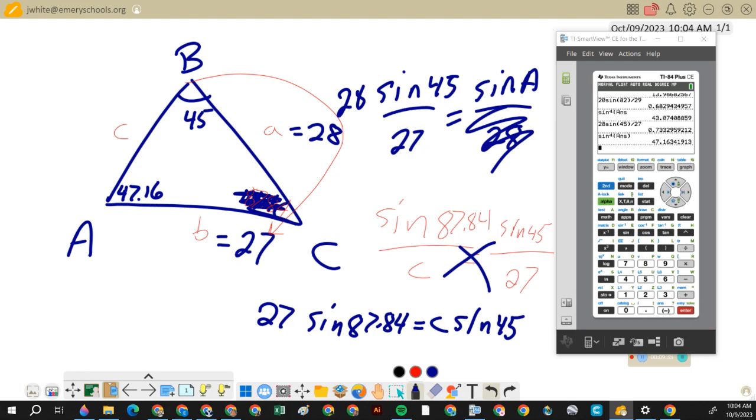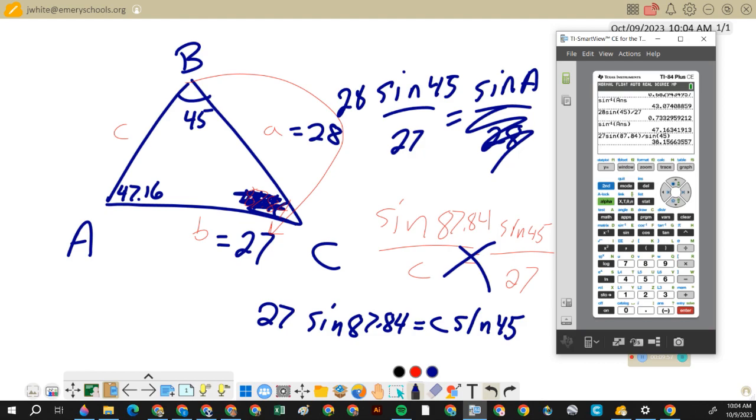Divide by the sine of 45. So 27 sine of 87.84 divided by the sine of 45, 38.16. Okay? So that's triangle number 1.